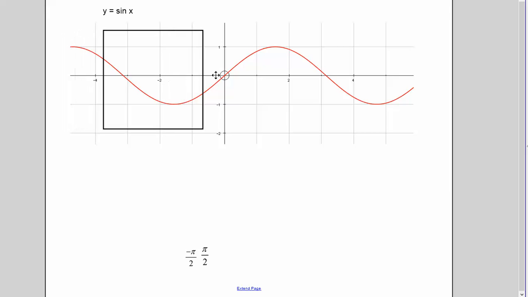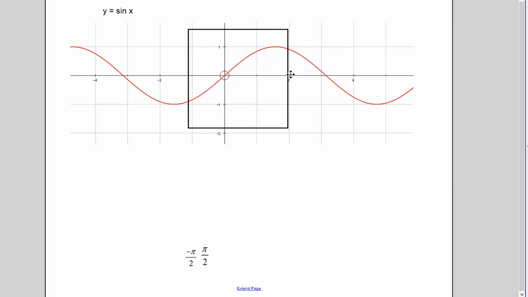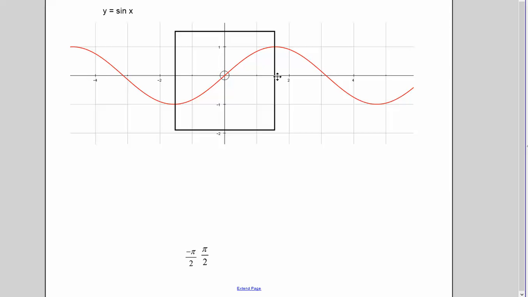So I've got a box here, and if I move my box over to around here, we can see that now we have got a one-to-one function, and that goes from where x is pi over 2 back down to where x is minus pi over 2. So we've restricted the domain to pi over 2 and minus pi over 2. And our range goes from 1 to minus 1.